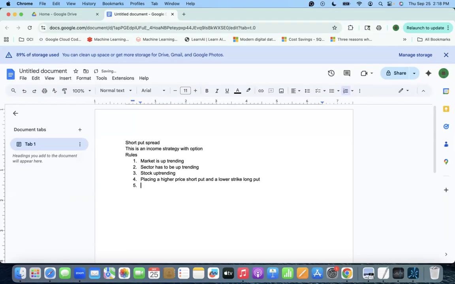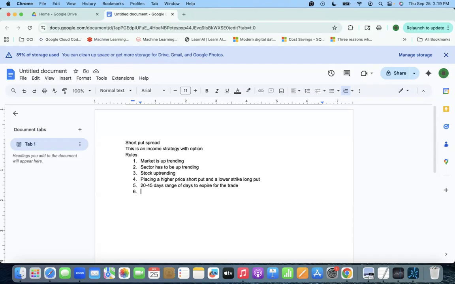So typically the rule that I follow is maybe 30 to 45 days, sometimes 20 to 45 days, depending on what's going on, like earnings and all those things. That is a range of days to expiry for the trade, so that the stock has enough time to go up, or stay where it is, at least not go down.